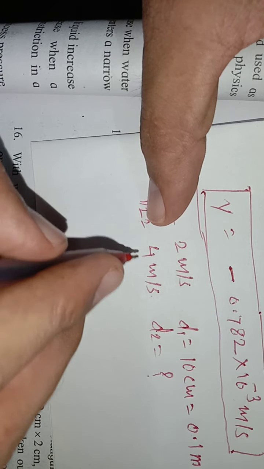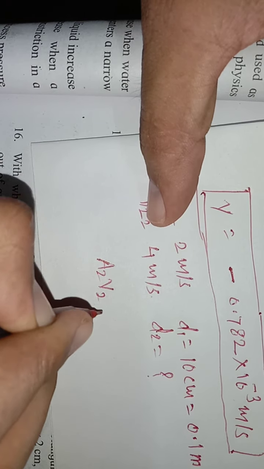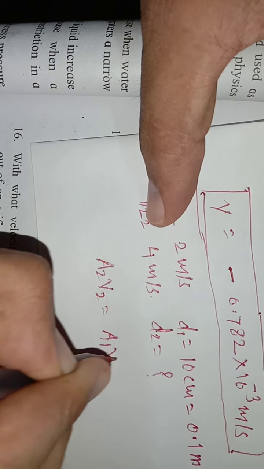Already we use the formula, that is a2 phi2 is equal to a1 phi1.